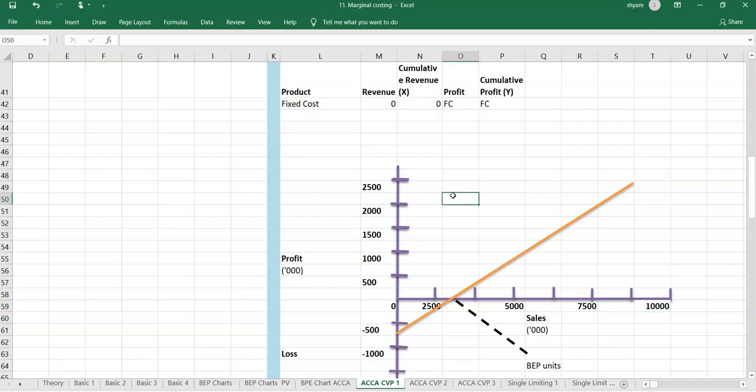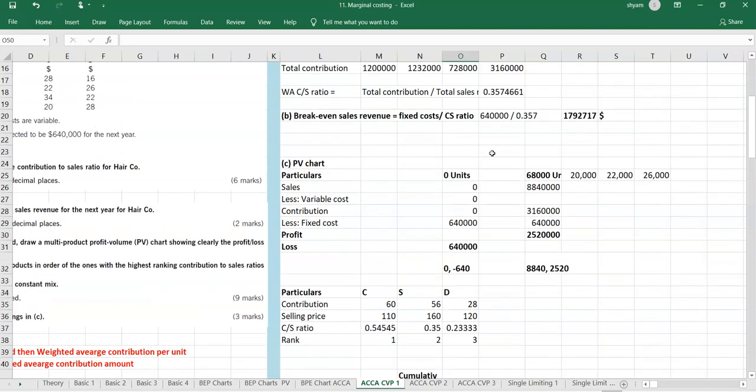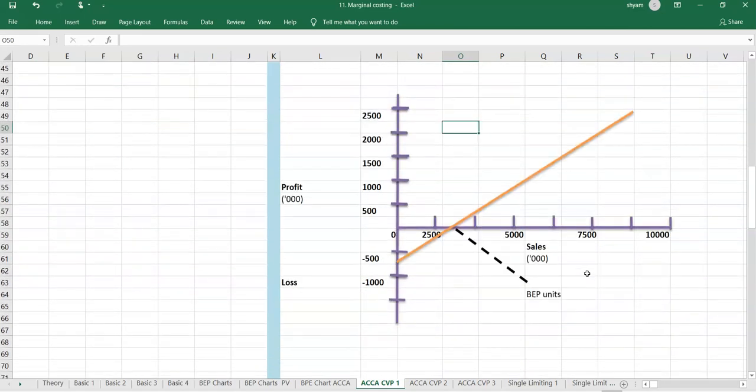For the first line that we draw, we don't need much change. The only difference is it is 8840 comma 2520. So this is the y-axis, and on this side you have the x-axis.